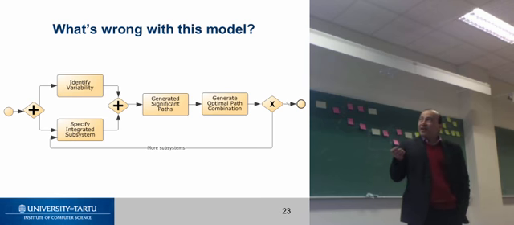It is an AND split waiting for input from both of its incoming flows before firing. So here, this AND gateway will be just waiting forever and ever for what we call a token to come from identify variability. Not good, right? We'll get stuck. We will not move into this task or this task because this gateway is waiting.